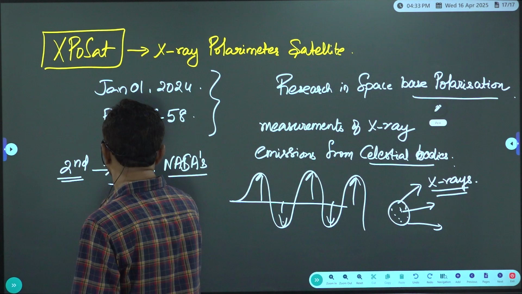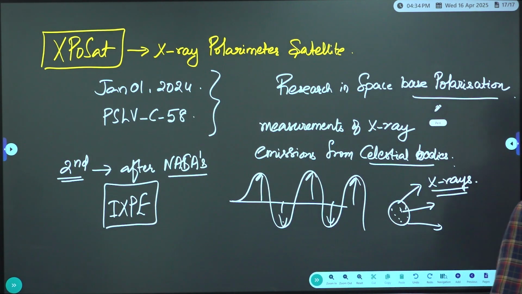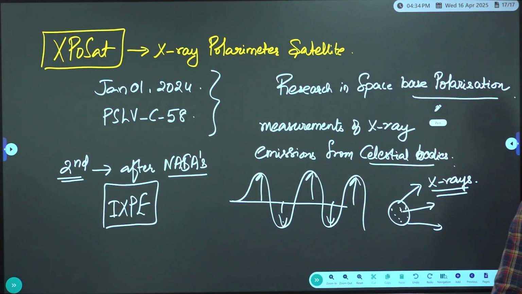IXPE means Imaging X-ray Polarimetry Explorer. It was launched by NASA in the year 2021.